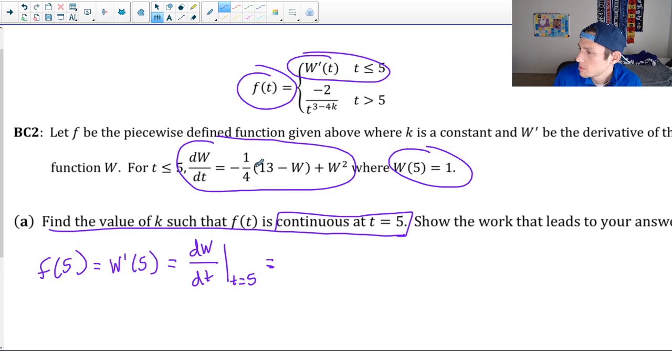All right, so I'm going to plug in t equals 5 to these things. So negative 1/4, 13 minus w. So I'm not plugging in 5 for w, but what I am doing is plugging 5 into the function w, plus w of 5 squared.